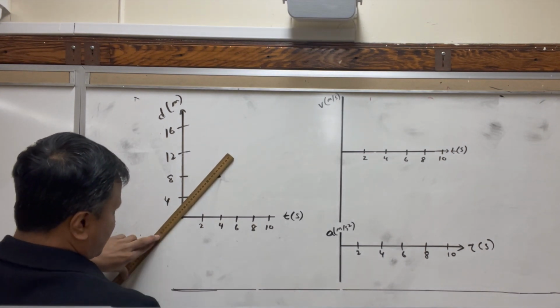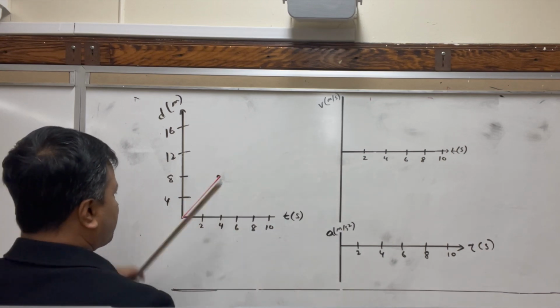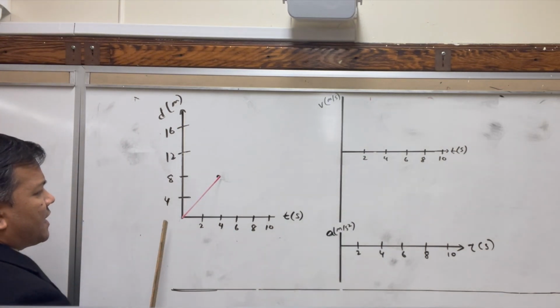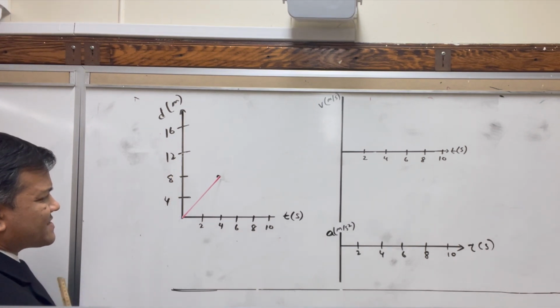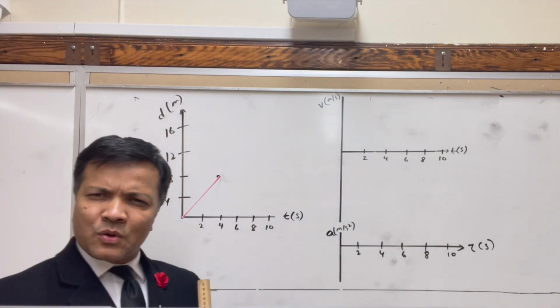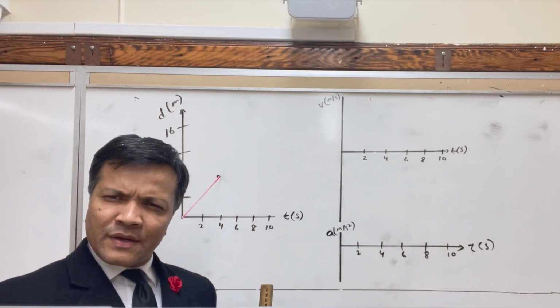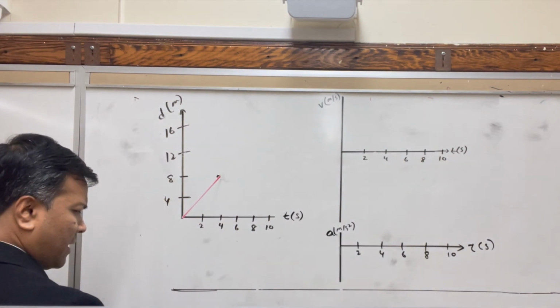The object moves from 0 to 8 meters in only 4 seconds, so the object's velocity is of course constant. How can we find this constant velocity? Let's find it.